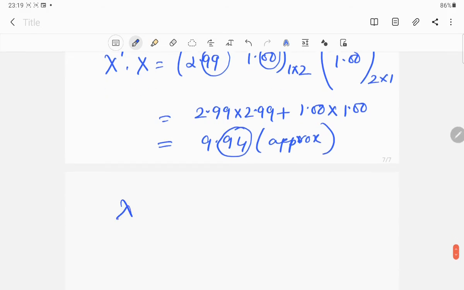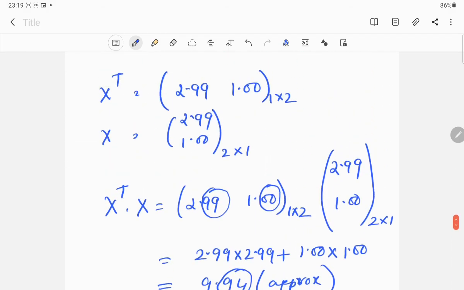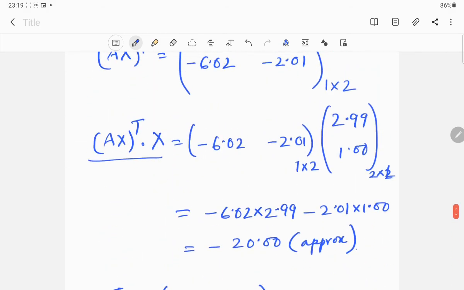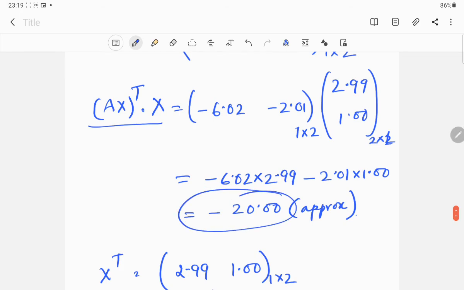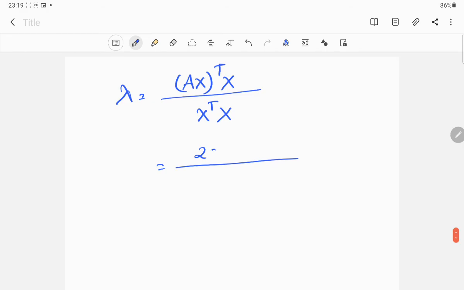So lambda equals (Ax transpose into x) divided by (x transpose into x). The Ax transpose into x value was nothing but minus 20.00, and x transpose x was 9.94.